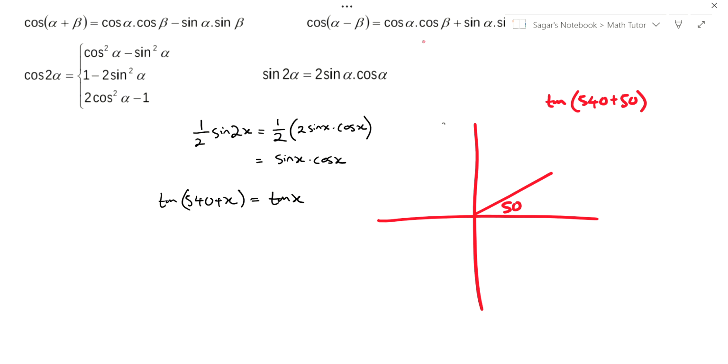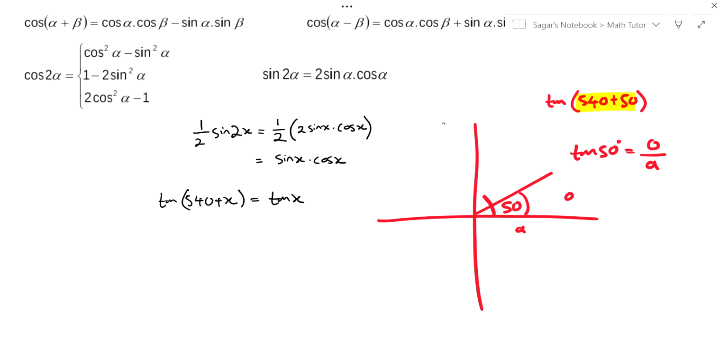So this angle is 50, and tan of 50 is equal to the opposite all over the adjacent, right? Opposite, adjacent. Now what if we add 540 to it?